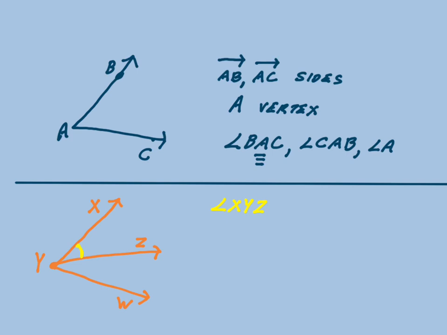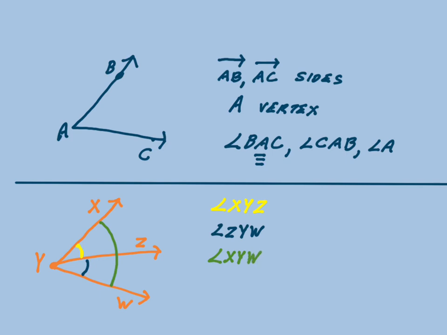A second angle is this other smaller angle right here. This is angle ZYW. There's a third angle, and that is this big angle all the way across. This would be angle XYW.